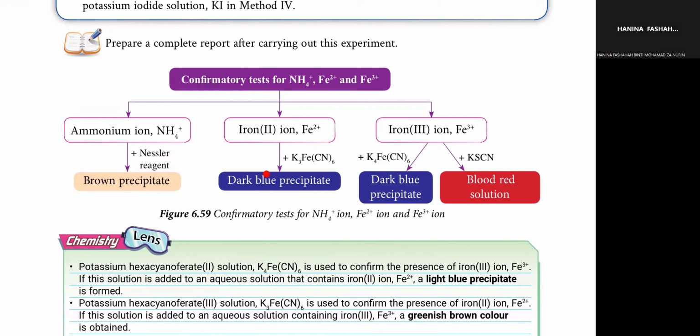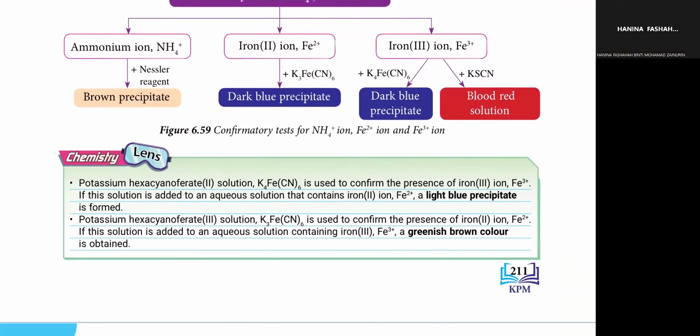Fe2 plus, you add potassium hexacyanoferrate 3, then you get dark blue precipitate. Fe3 plus, you add potassium hexacyanoferrate 2, dark blue precipitate forms. Or alternatively you add potassium thiocyanate, you have blood red solution. These are a few examples.